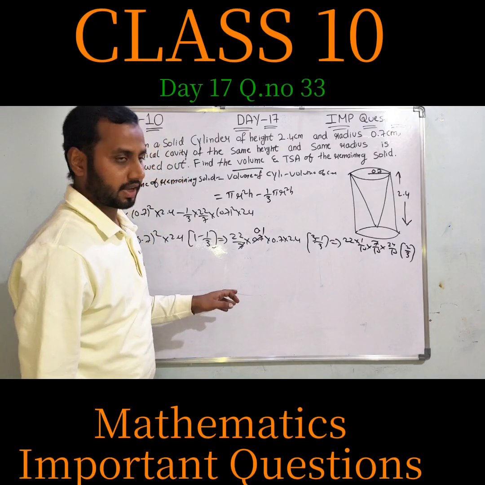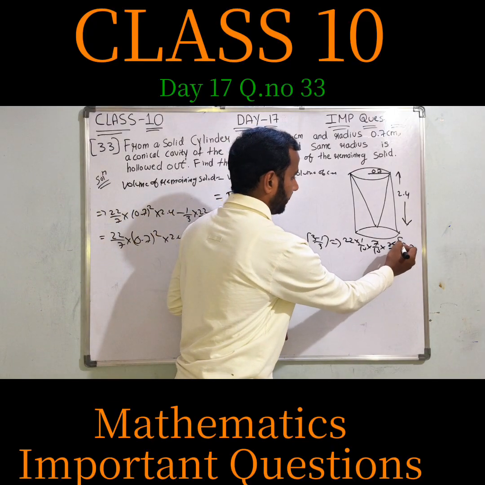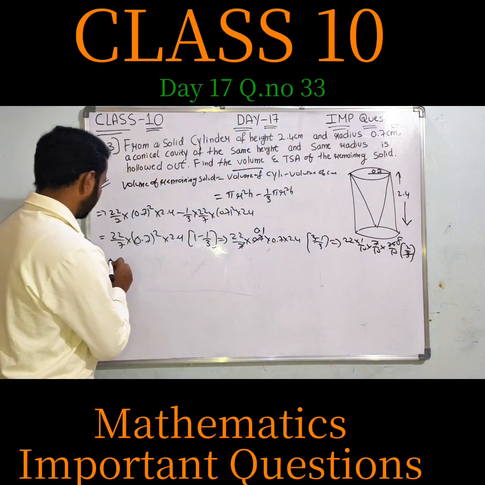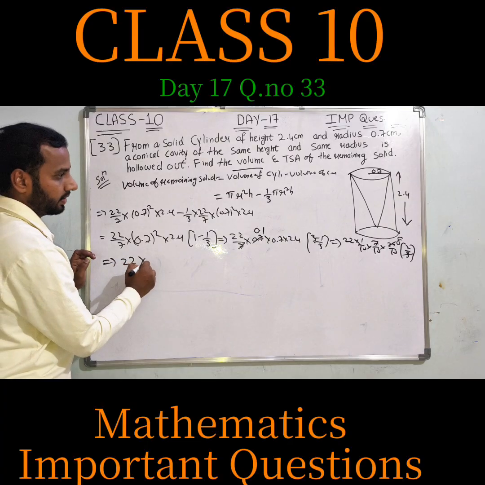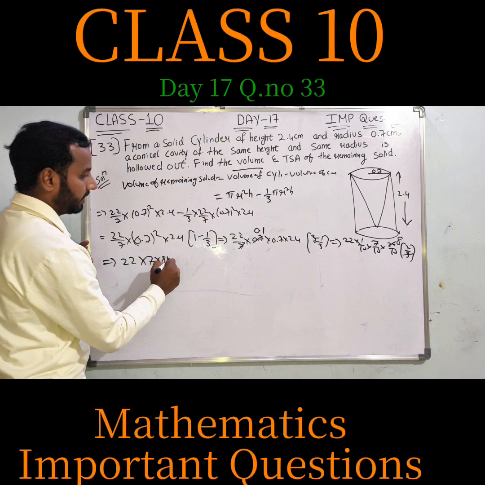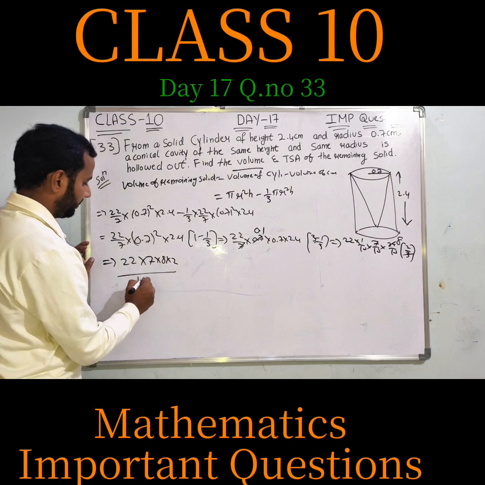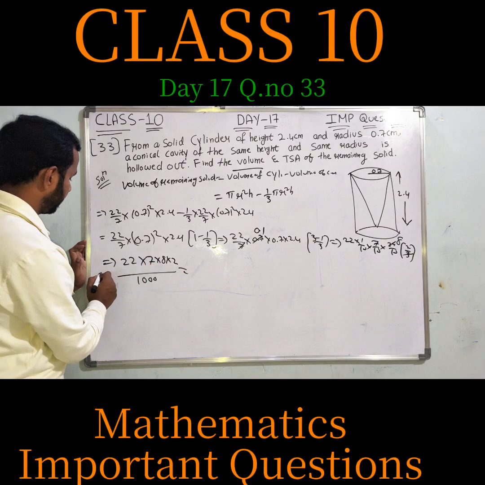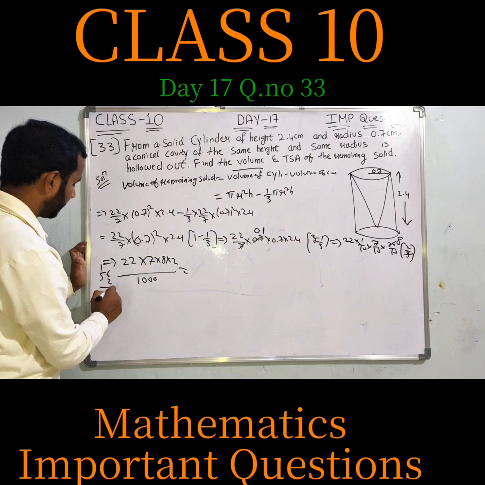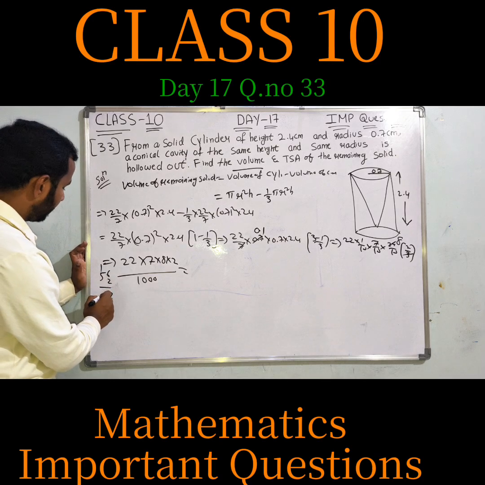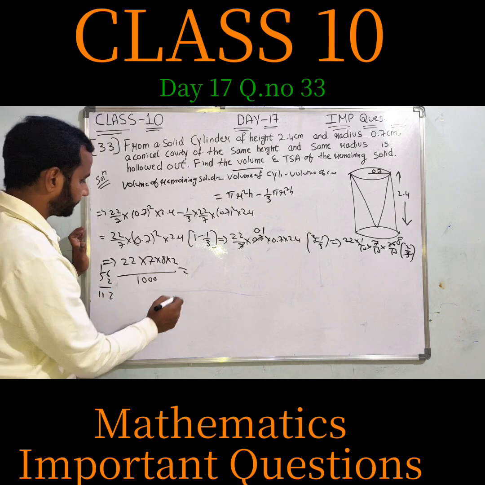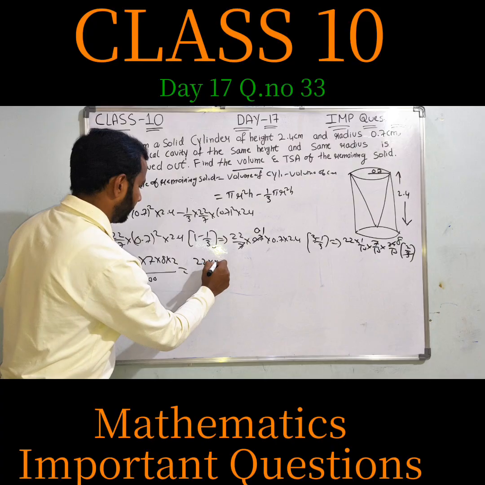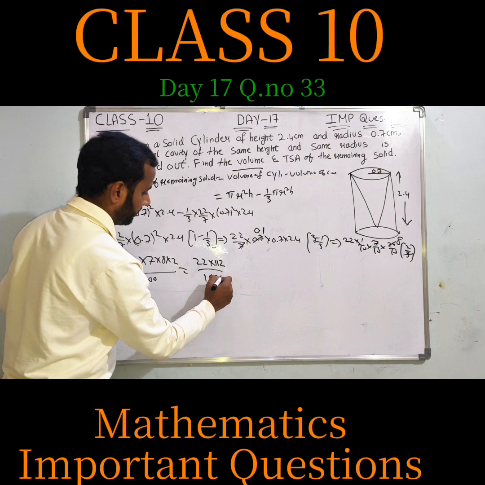Right. Now cancellation. 3 ones are 3, 8 threes are 24. Now it is left with 22 into 7 into 8 into 2 divided by 1000. Now we need to multiply. 8 sevens are 56. 56 into 2 is 112. 22 into 112 divided by 1000.